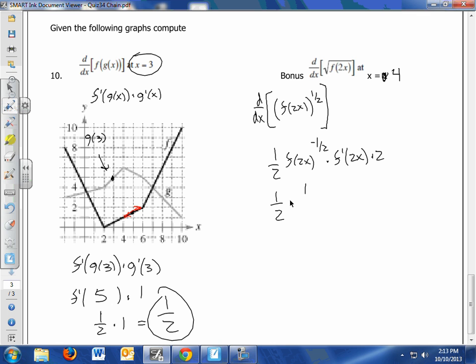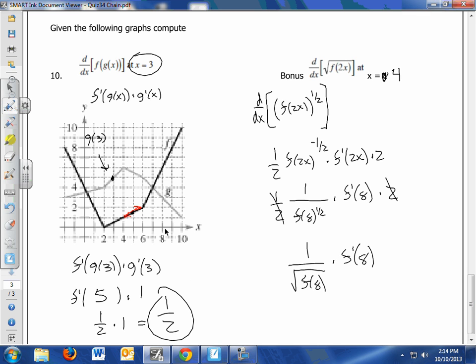I'm substituting 4 in for x. 2 times 4 is 8. Times f prime of 8 times 2. Okay? And we can immediately see that the 1/2 and the 2 are going to cancel. So we just really need to find f of 8, square root it, and multiply that by f prime of 8.